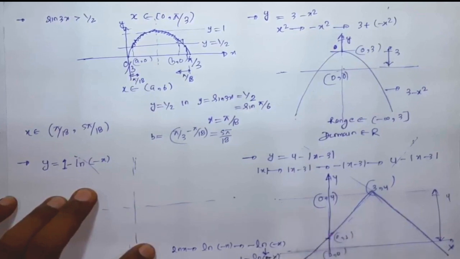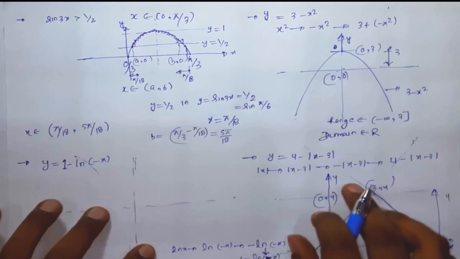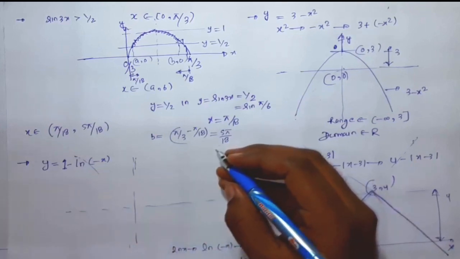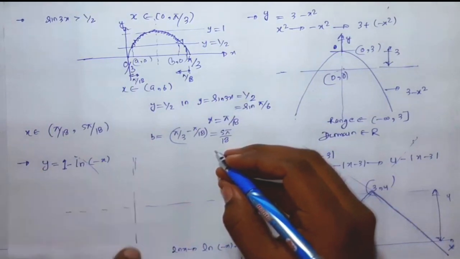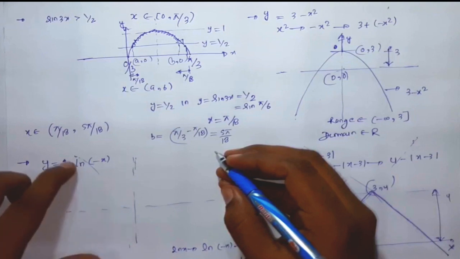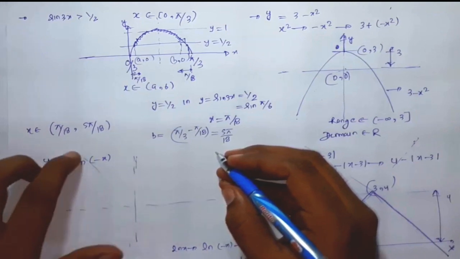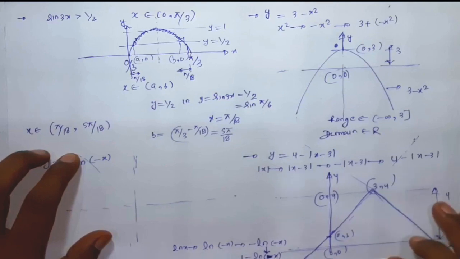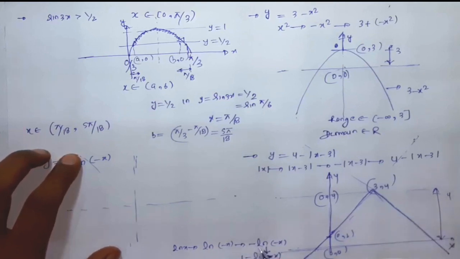So first we will draw ln x. Ln x will be like this. Now x is replaced by minus x, then we take the image in the y-axis. So we have reached this step. Now we are putting a negative sign in front of this, so we will simply take the image in the x-axis.